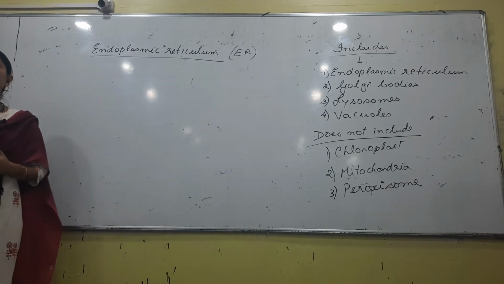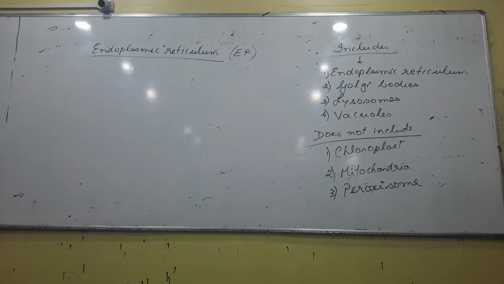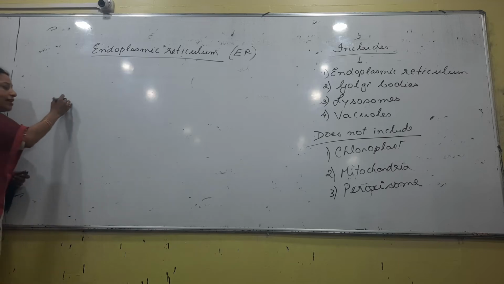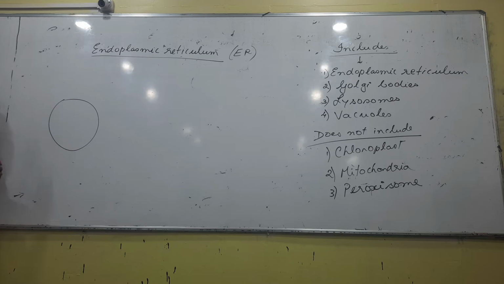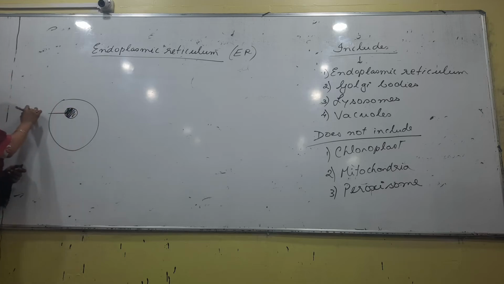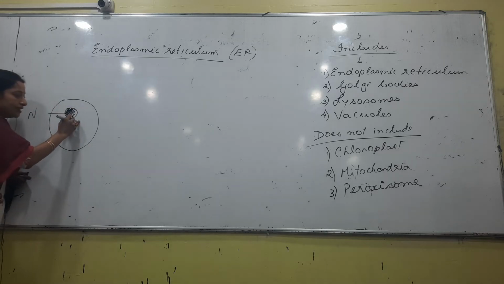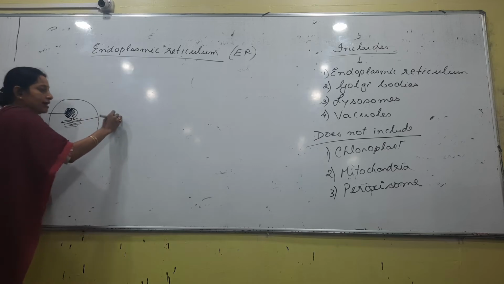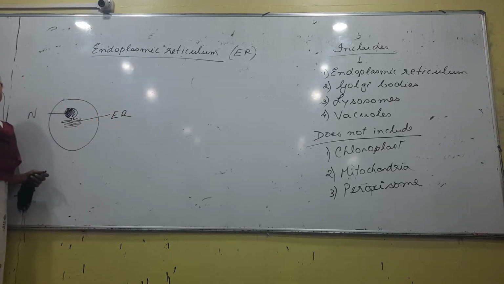We said it is in the cell, in the endomembrane system, but if you talk about endoplasmic reticulum, where exactly will you find it, right? Just to have a rough idea, if you are talking about a cell, either a plant cell or an animal cell, especially the animal cell over here, obviously the center portion would be occupied by the nucleus, and from the nucleus, I think you have seen a structure like this, right? So this is what is called endoplasmic reticulum.